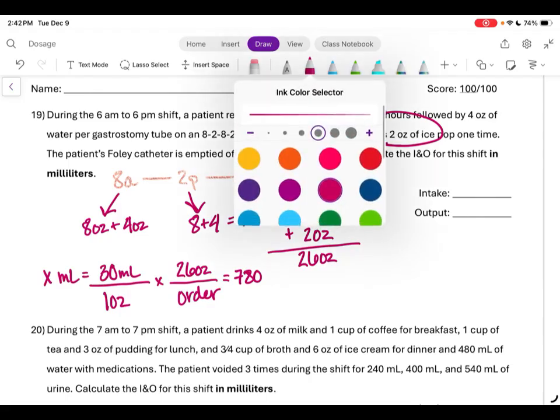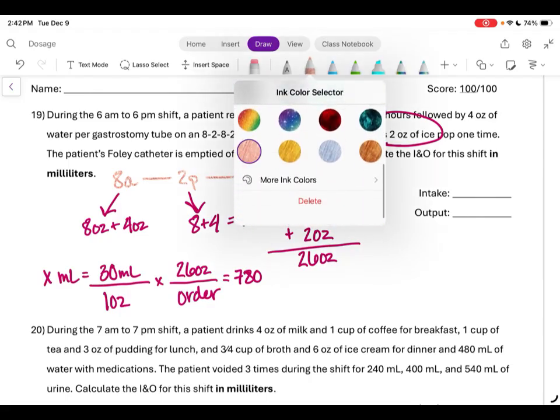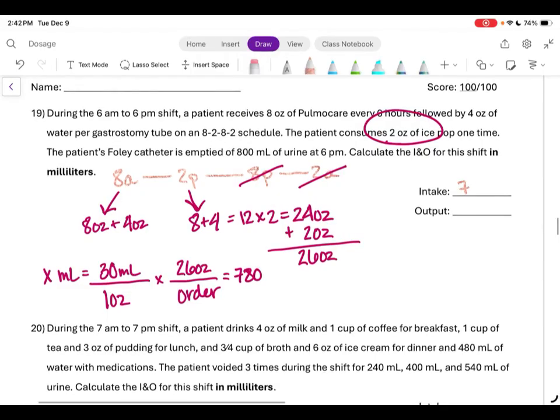So here our intake is 780. For output, we don't have to calculate anything. It just tells us that the Foley was emptied of 800, so your output is 800.